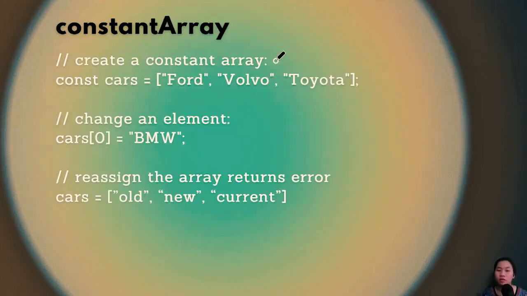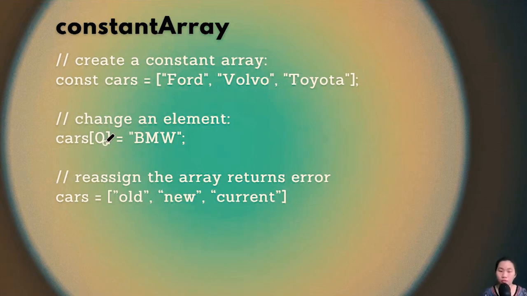Let me give you some examples because that might be a little too difficult to comprehend. Now we create a constant array. Here we declare a constant array, const cars: Ford, Volvo, Toyota. We can change an element. We can change Volvo, Toyota, Ford, or any element within an array for that matter, using the index.